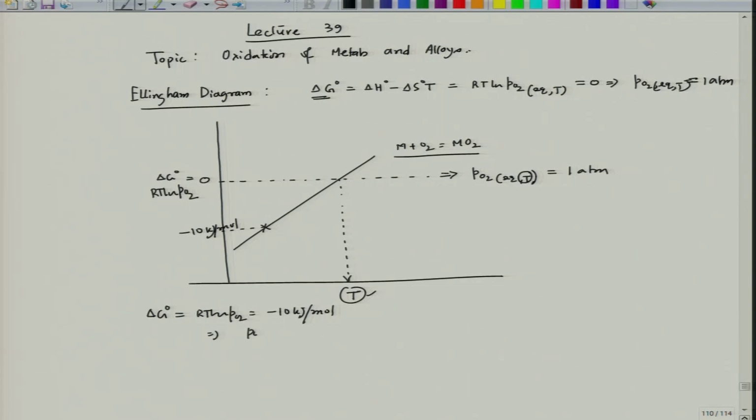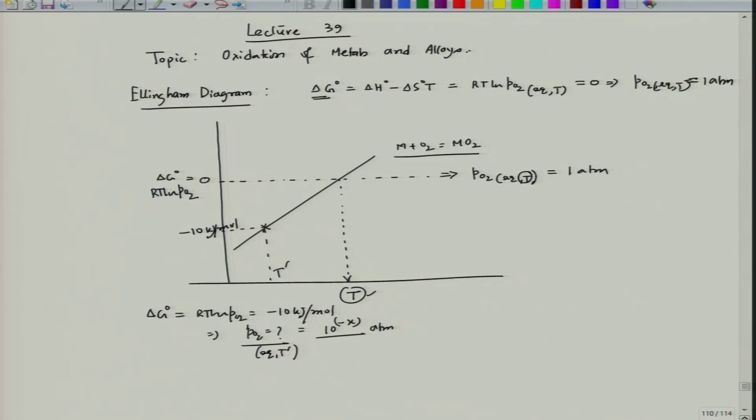If you do the calculation, you will get some PO2 value, which will definitely be 10 to the power minus some x quantity, in atmosphere. So, this will definitely be less than 1 atmosphere pressure. Now, in order to find this equilibrium PO2 at temperature, let us say T prime, you have to do a lot of calculations, though it is a simple calculation, but there is a way out, and from the graph you can find out what this value is.